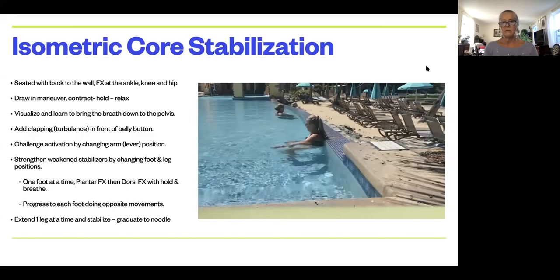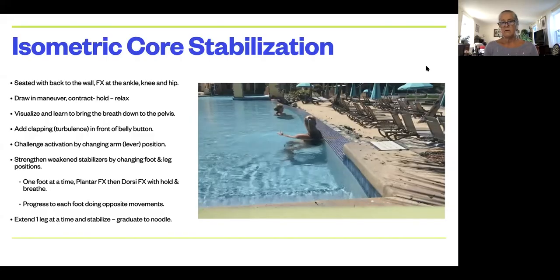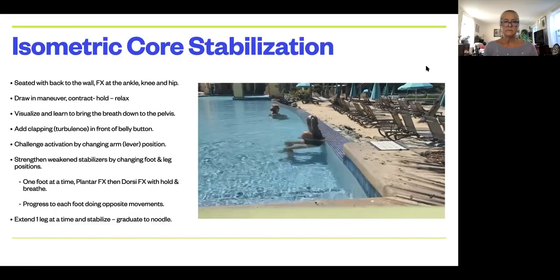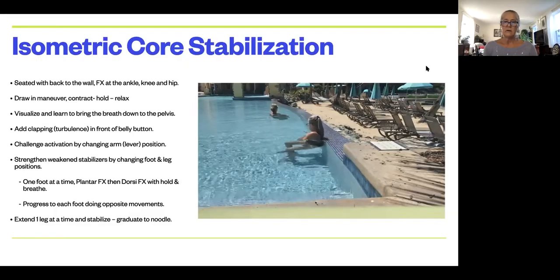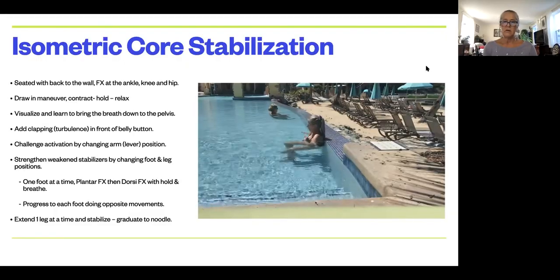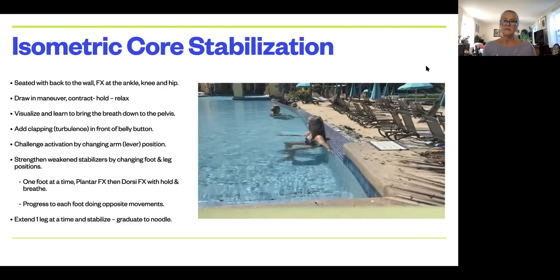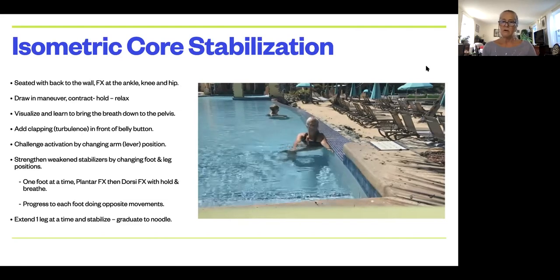And then from here, I'm coming across the midline. Again, very slow and controlled. So here I'm sliding the arm across my body. So I'm doing more of coming across.